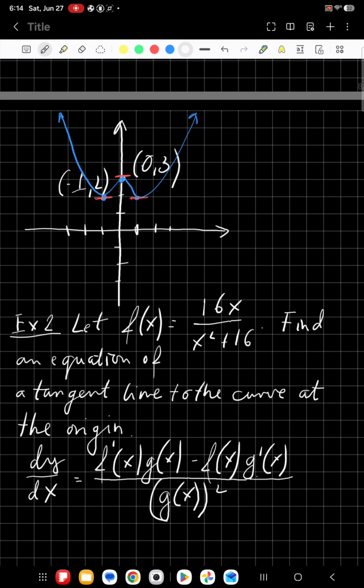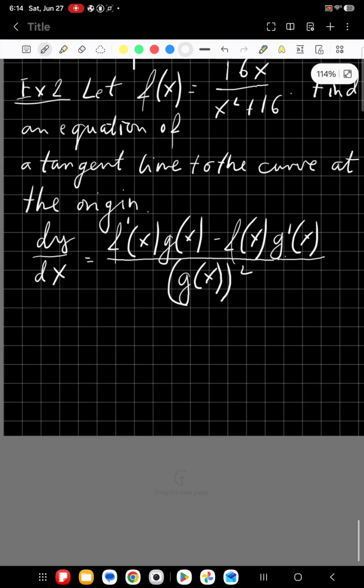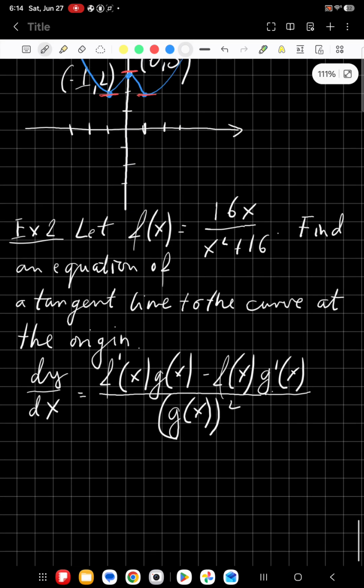All right, so we have the formula, so let's do that calculation.